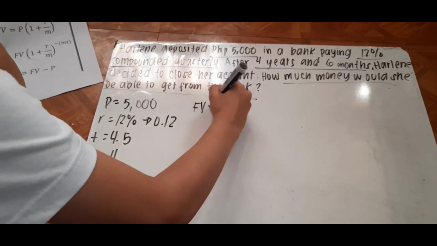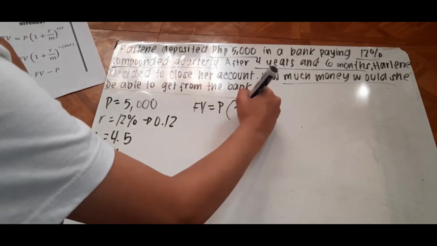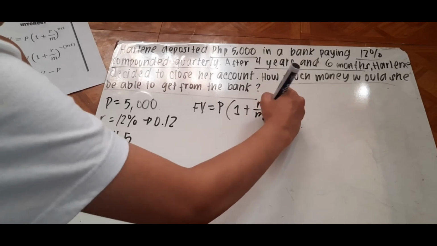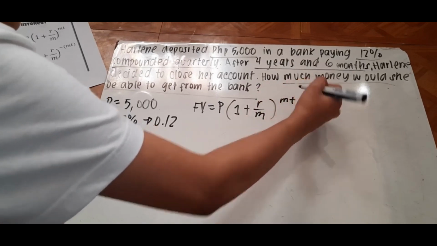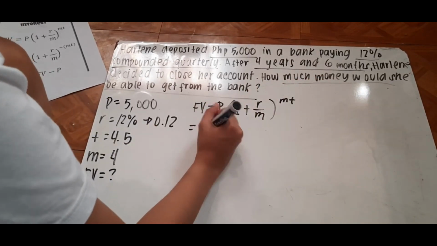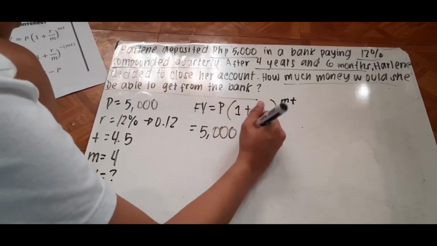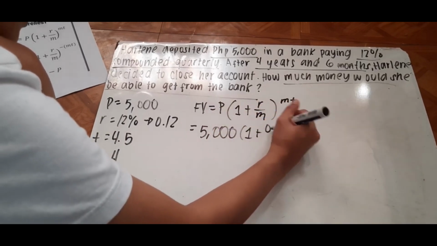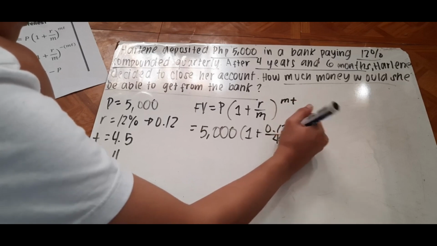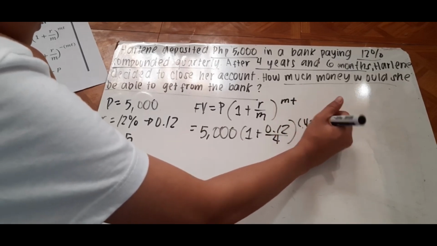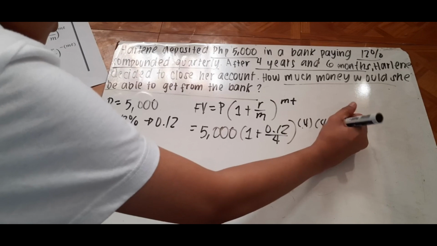Future value is equal to P times (1 plus R over M) raised to M times time. So substitute all the given. That will be 1 plus 0.12 over 4 raised to 4 times 4.5.